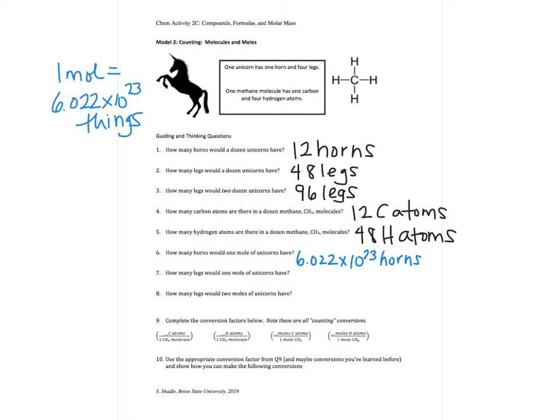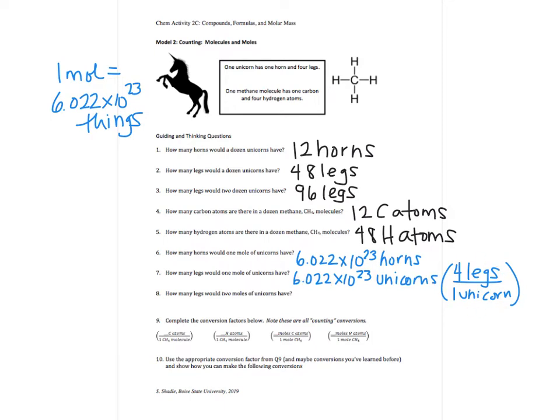How many legs would 1 mole of unicorns have? Each one will have 4. I'm going to start writing out how this would work mathematically, so you can just see it with these bigger numbers. I've just set it up here. We have a mole of unicorns, which I've already translated into 6.022 times 10 to the 23rd unicorns.